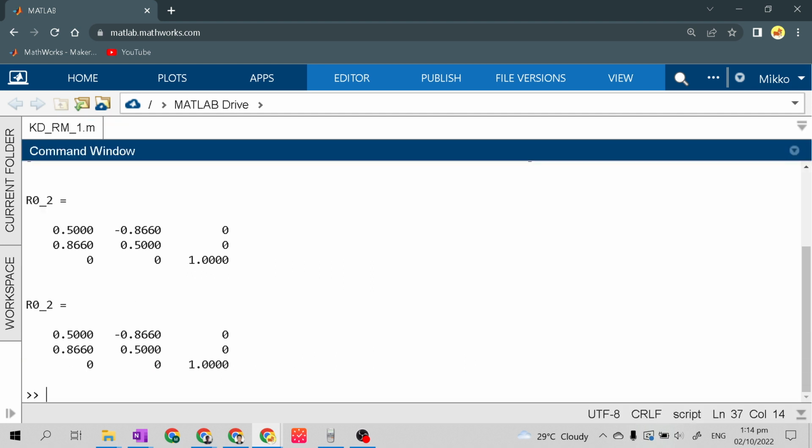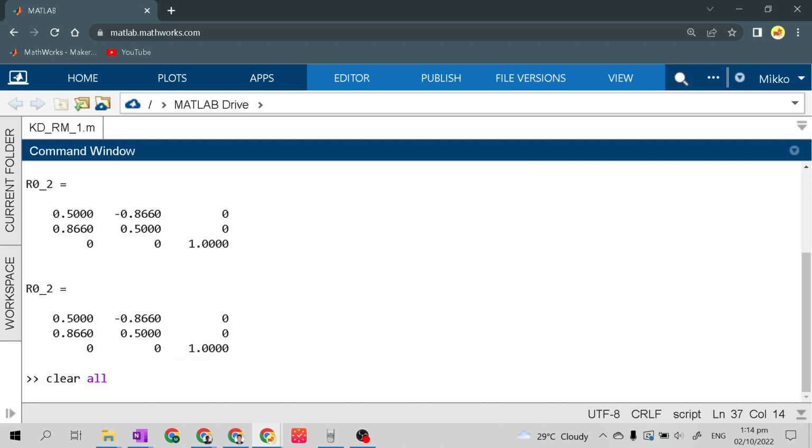Okay, so at the command window, we have the same answers for R02. They are in decimal form. So let's prettify the last answer for degrees, so we can have a much prettier answer.